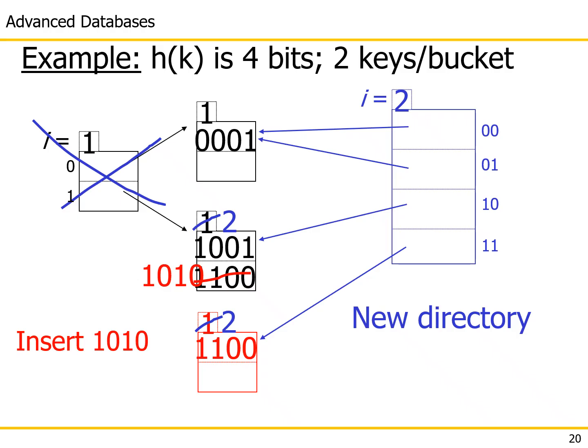In other words, I went to this second page that had 1001 and 1100, and I found that the page is full, so I created a new page and I shifted the entries between the two pages, because I'm increasing my J to do better grouping.